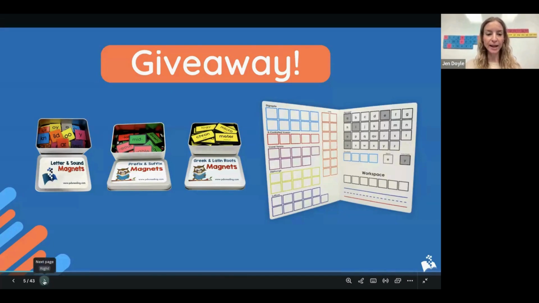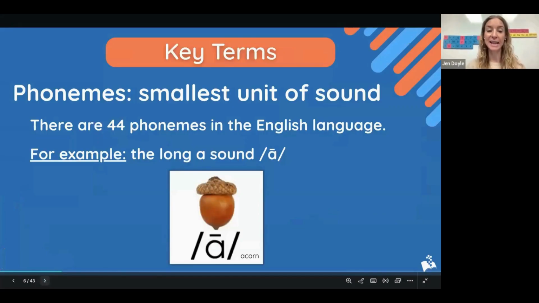So before we get started into orthographic mapping, I want to go over some key terms that are really important to understand. And this is kind of like the foundation for understanding orthographic mapping. So I'm going to start off with phonemes, and phonemes can be a little bit confusing, but the best way to think about it is that it is the smallest unit of sound that changes a meaning in the word.